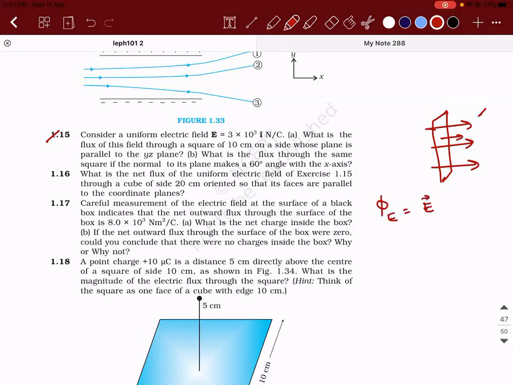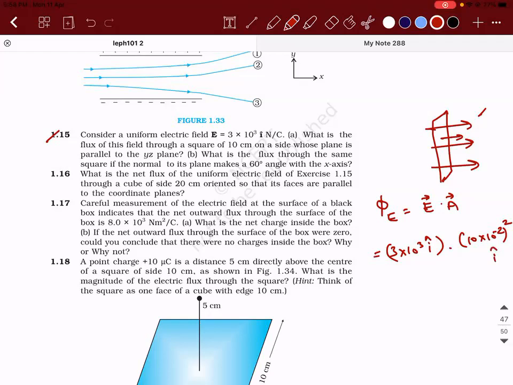So electric flux will be equal to E vector dot A vector. Wherever they have given you the electric field and area vector in terms of orthogonal unit vectors, always follow the dot product of multiplication. If the angles are given, go with EA cos theta. So E vector, 3 into 10 power 3 i cap, dot A vector. What is A vector? That is 10 into 10 power minus 2 the whole square, the same i cap.